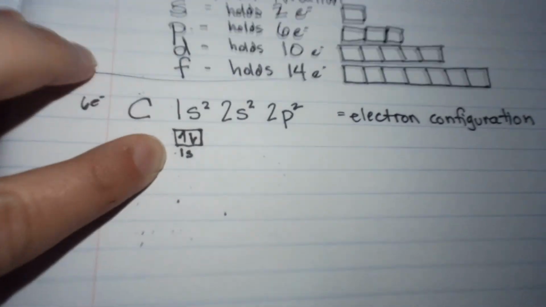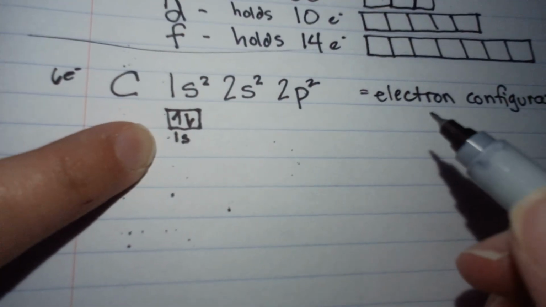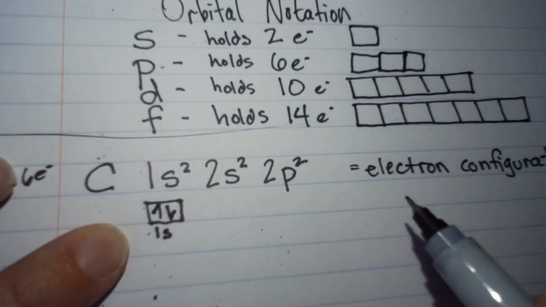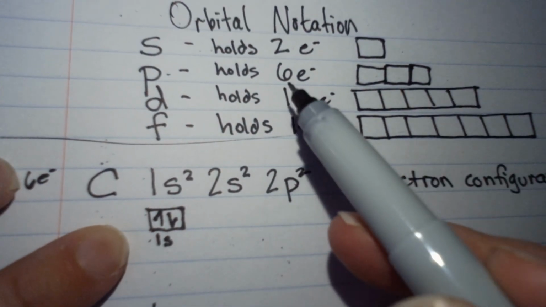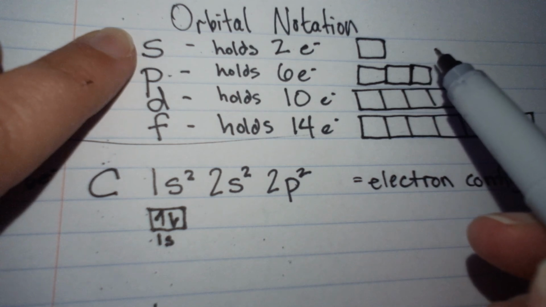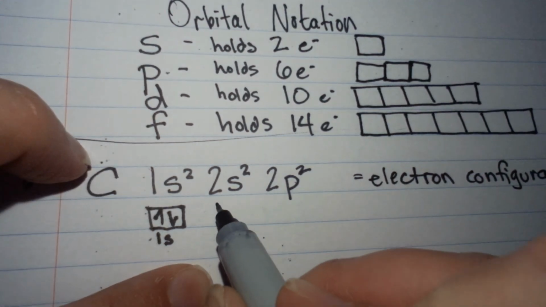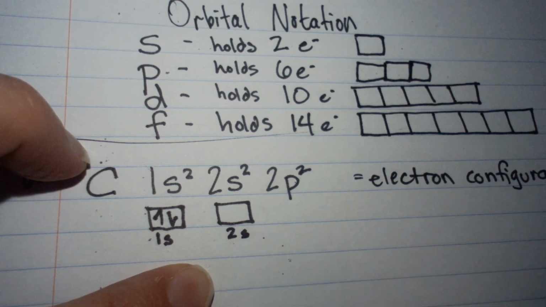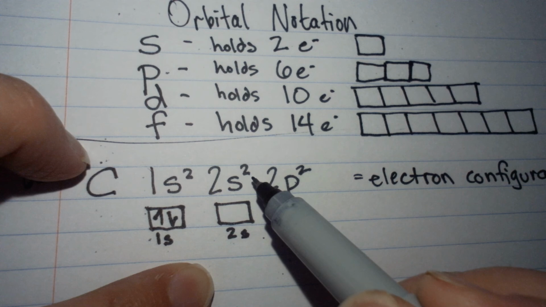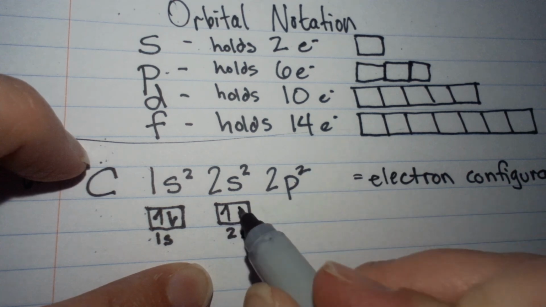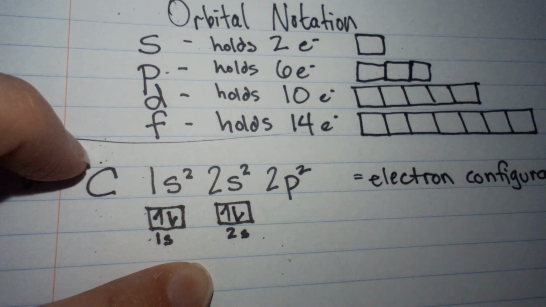Let's make that closer so you can see a little better. For the 2s, how many boxes do I need to draw? Just 1 box, right? And then we label it under the bottom. How many electrons are in the 2s? 2. So it's full. We go up and we go down.